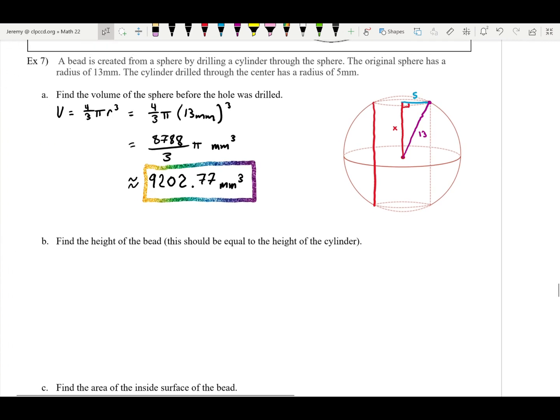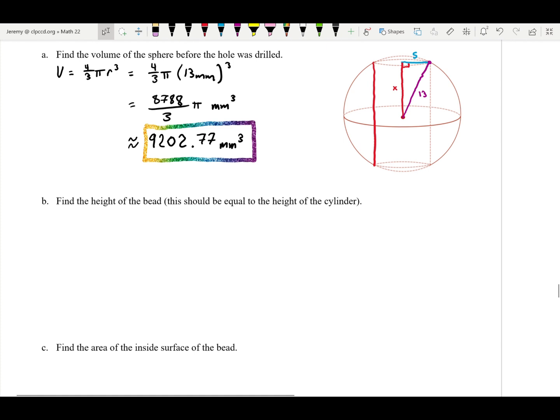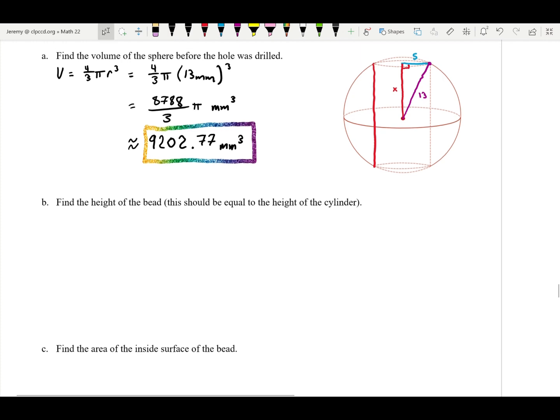So what formula or theorem is going to be helpful for finding x? Well, whenever I have two sides and I'm looking for a third side of a right triangle, the Pythagorean theorem allows me to do that. Okay, so the Pythagorean theorem tells me that x squared plus 5 squared is equal to 13 squared.